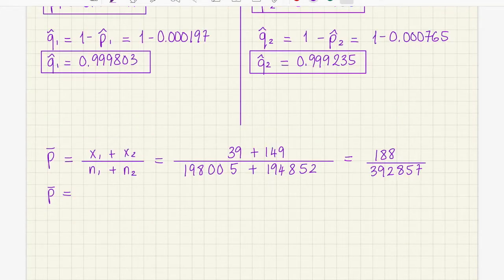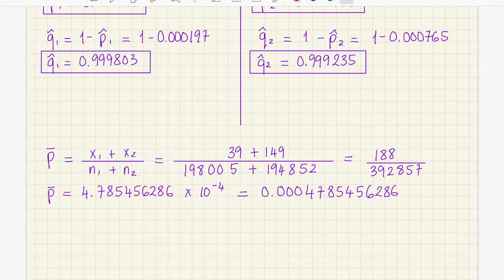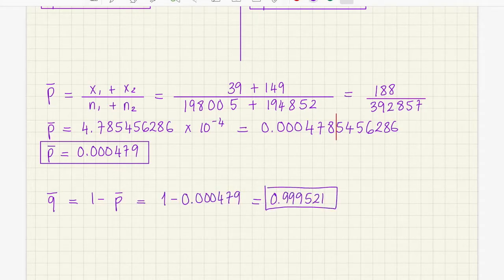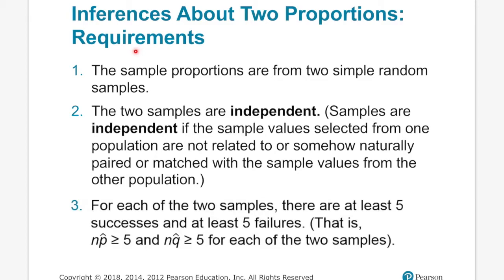My P bar is 4.785456 times 10 to the negative 4. To convert this into decimal notation, I move the decimal point to the left 4 places, and I round it to 3 significant figures. Q bar is 1 minus P bar, and that is 0.99521.